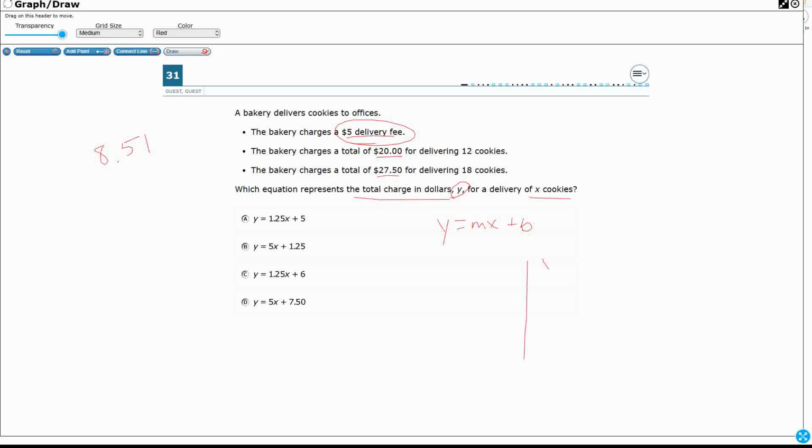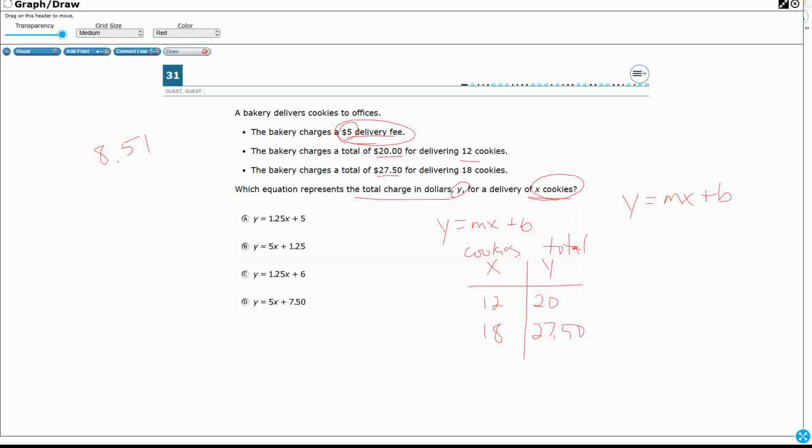So if I were to do a table of values, I can say our total is going to be our $20 for 12 cookies, and that's going to be our x number of cookies. And then we've got our $27.50 for 18 cookies. I know what my b is because it's a $5 delivery fee. So y equals mx plus 5.